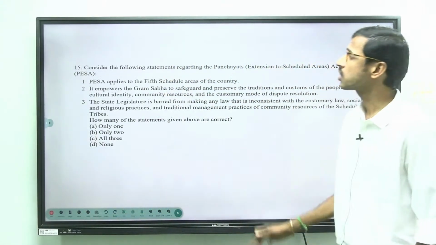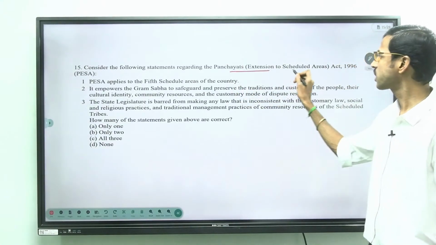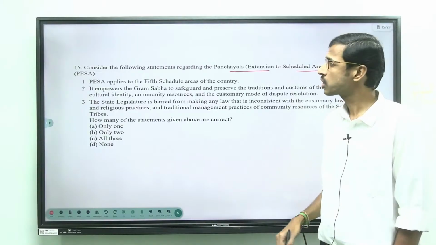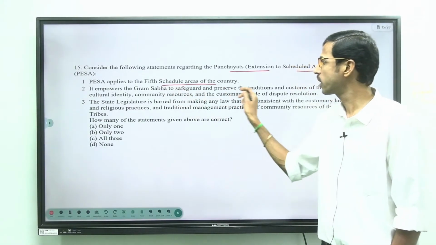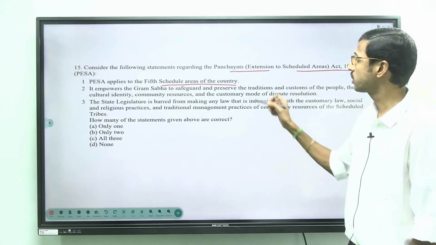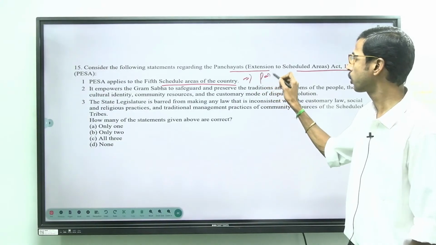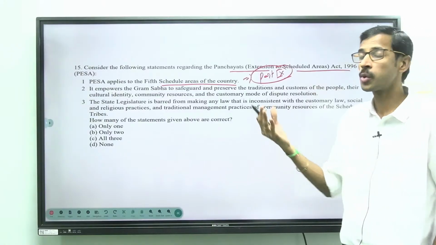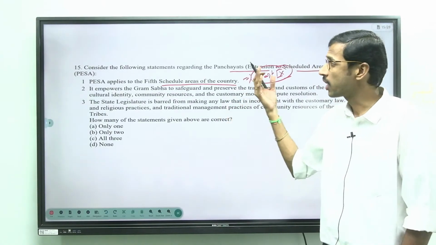Next, consider the following statements regarding the Panchayats (Extension to Scheduled Areas) Act, 1996. First of all, PESA applies to 5th Scheduled Areas of the country, right? This is correct, completely related to Part 9 of the Constitution. Some of the 5th Scheduled Areas have been extended PESA.